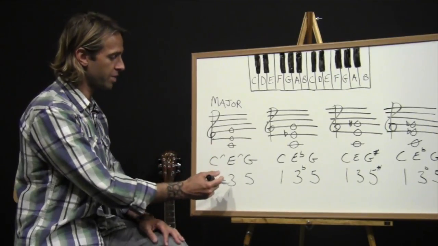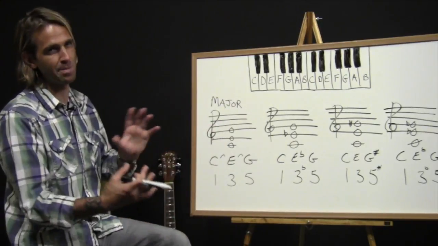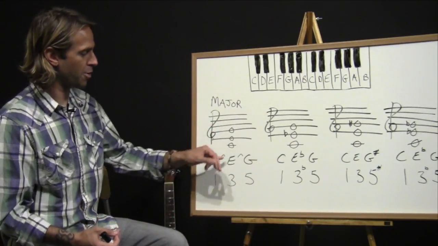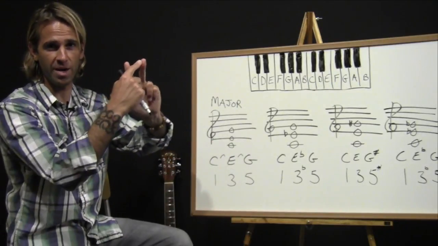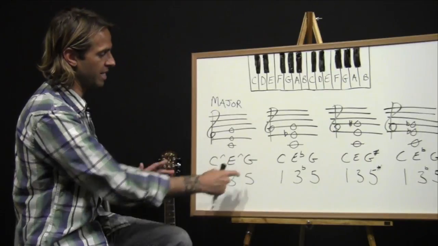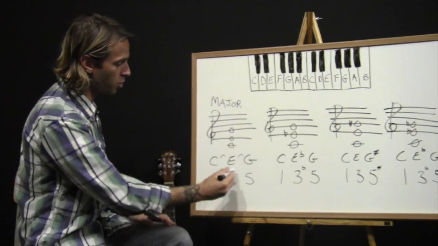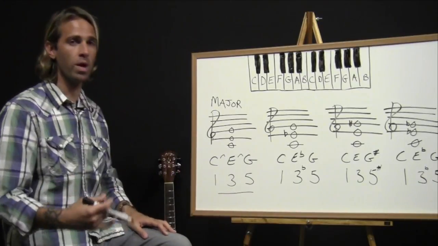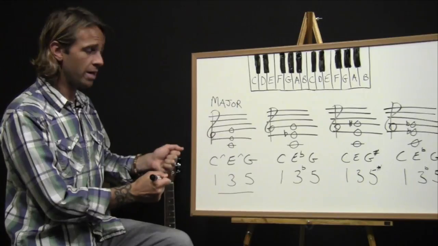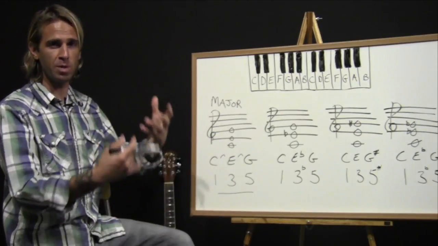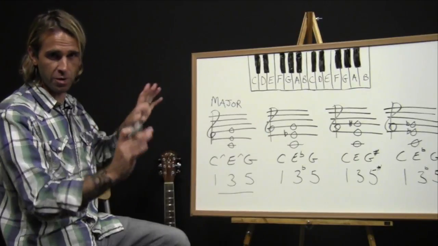So you have your 1, which is the C, your 3 is the E, and your 5, which is the G. Let me talk about these numbers for a second. If I count up from C, 3 steps, C, D, E. So it's that third up from there. If I count from E to G, E, F, G. It's that third. So this is your formula. No matter what chord you want to play, you pick the 1, 3, and the 5, and you'll build that triad, just like that.